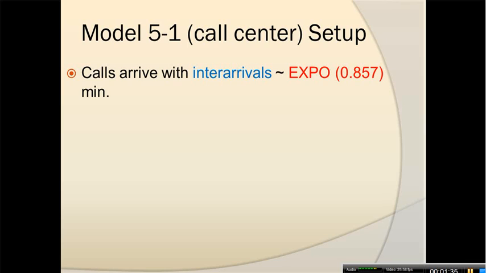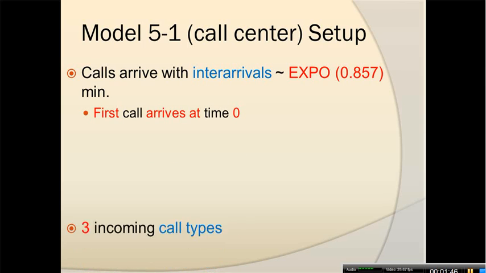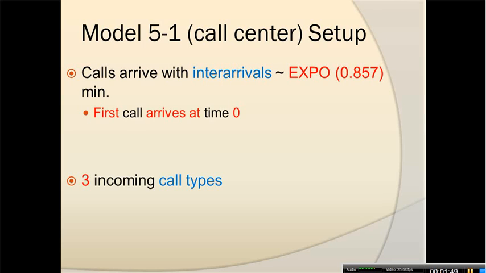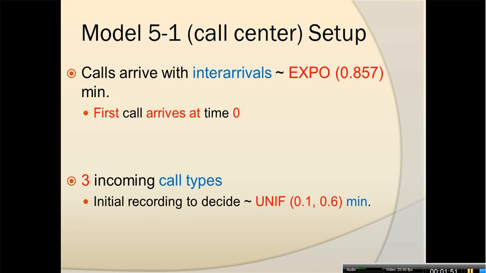The calls will arrive with exponential inter-arrival time, mean 0.857 minutes, and the first call will arrive at time 0. There will be 3 incoming call types, and we'll have an initial recording to decide which call type your call is going to be, and the time to decide is uniformly distributed between 0.1 and 0.6 minutes.